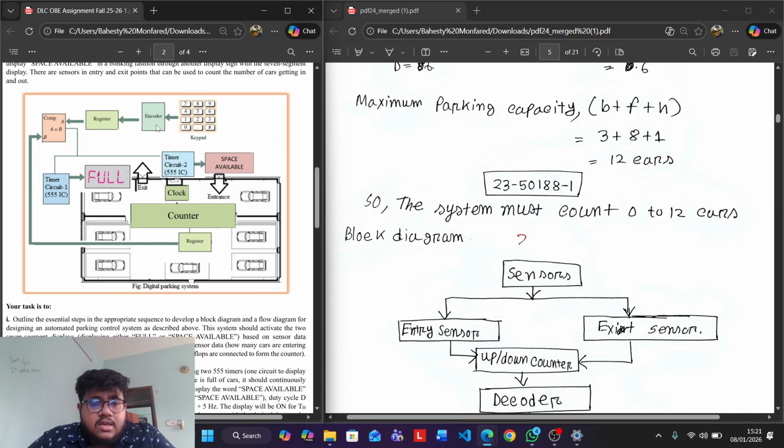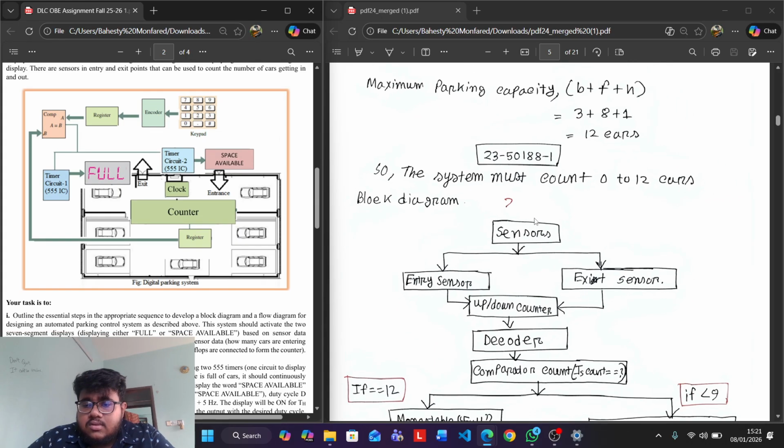That input goes to the encoder, then the register, then the comparator, then the register which counts the parking space, then the clock, then the timer IC shows whether space is available. If space is available, the display shows that space is available, and if there is no space for the car, the display shows full.